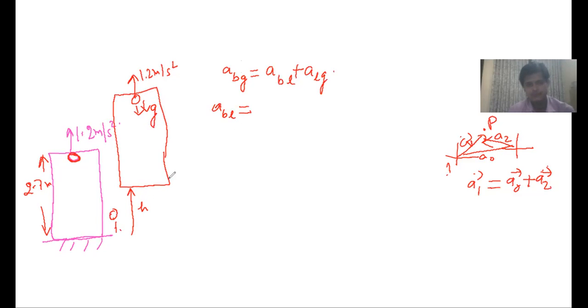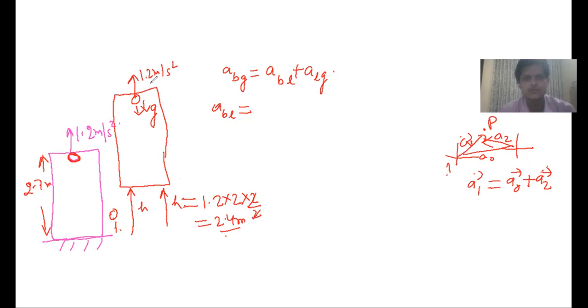For my case, the lift has reached up to H equal to half a t square, so it will be half into 1.2 into 2 into 2, so it will be 2.4 meters.